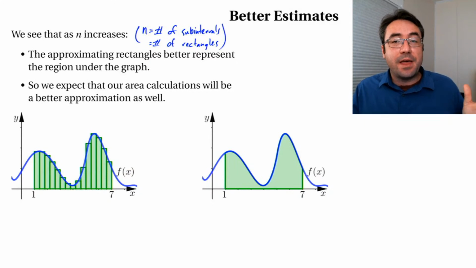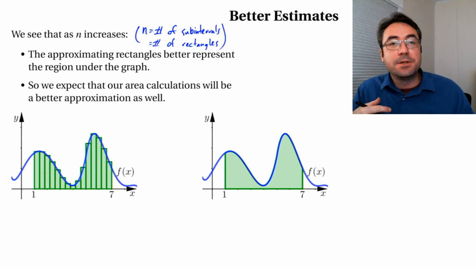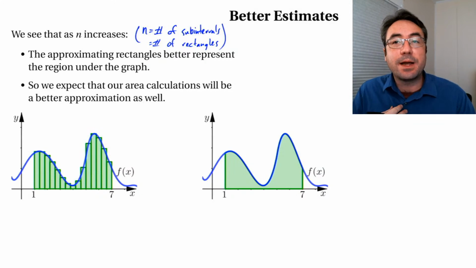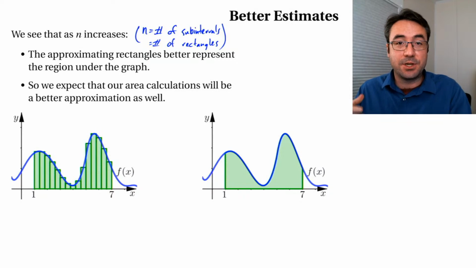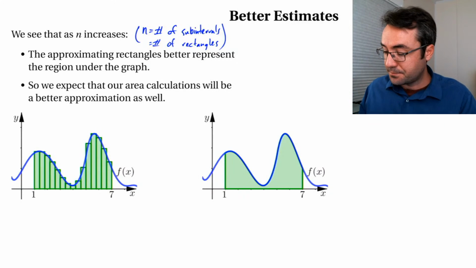We're going to have more of them, but they're going to be thinner and thinner. So overall, though, the approximating rectangles better represent the region under the graph. And so what we expect then is that our area calculation, which we're estimating with the areas of those rectangles, is going to get better and better as well.